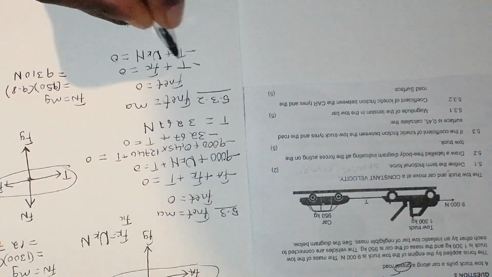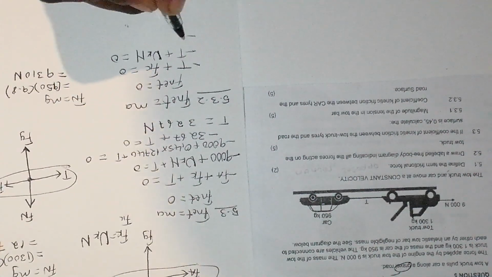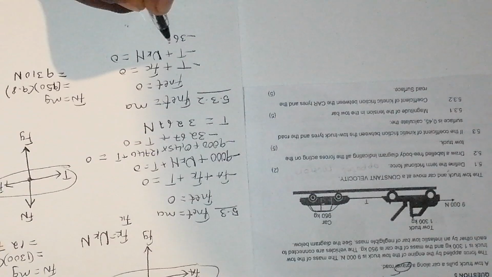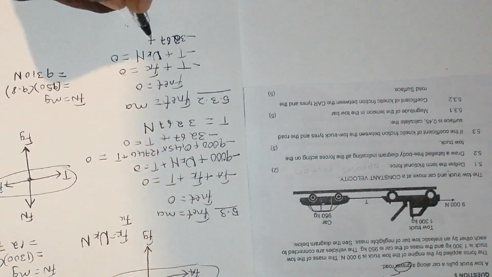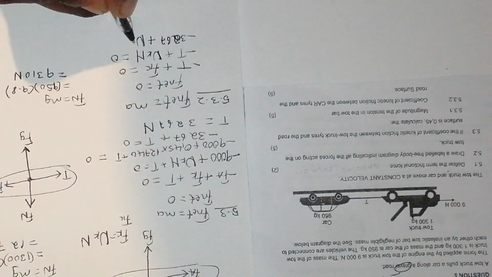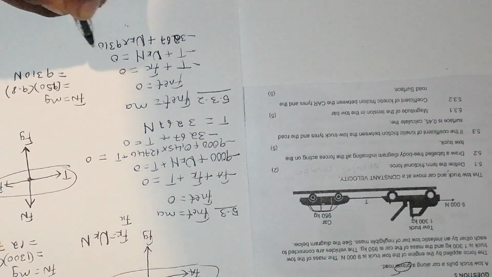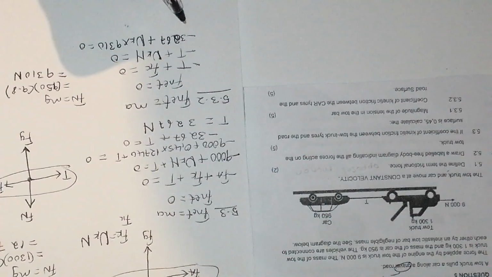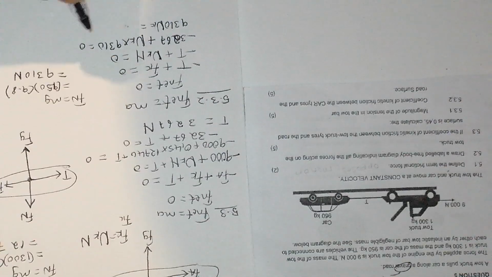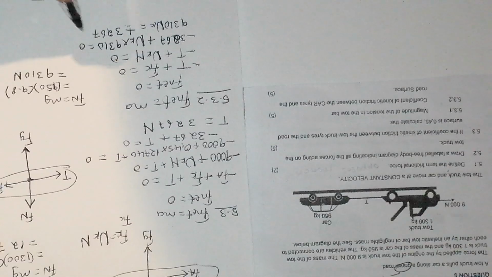Therefore, the value of T here is equal to that one. They are equal but in opposite directions. So negative 3267 plus mu k multiplied by N, which is 9310, equals 0. Therefore, we can take this one and transpose it, meaning that we'll have 9310 mu k equals positive 3267.